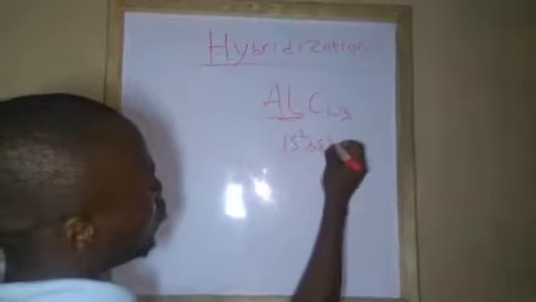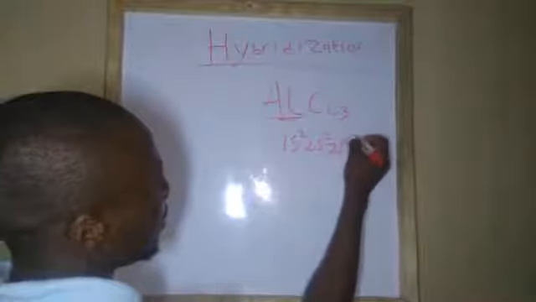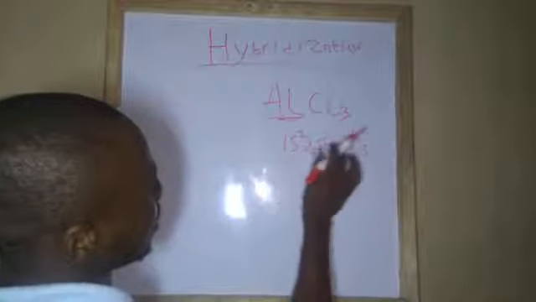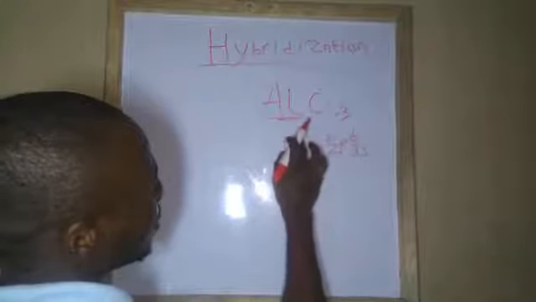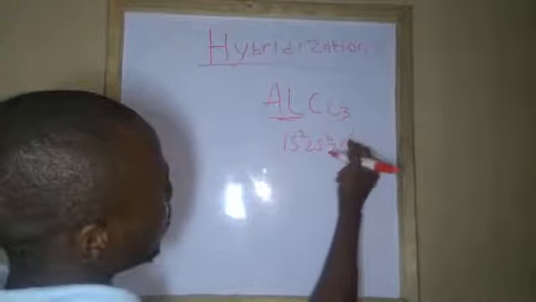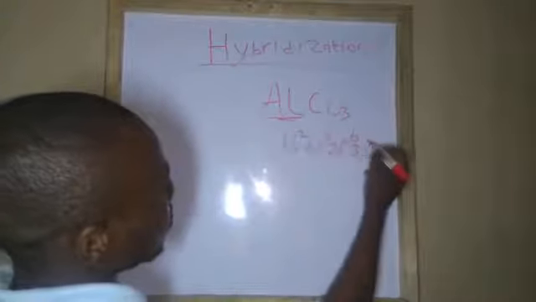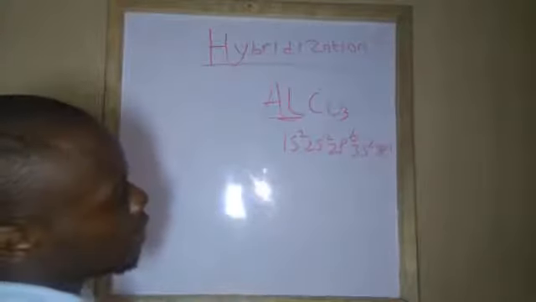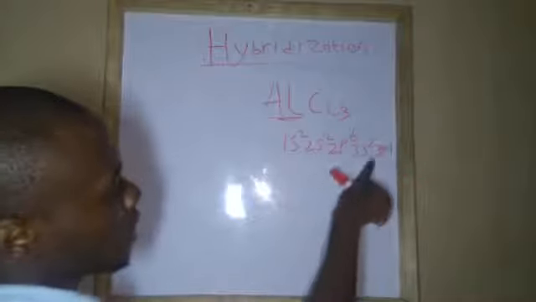Then if you want to set it up, the electronic configuration will be 1s2, 2s2, 2p6, 3s2, 3p1. So that's 3s2, 3p1.